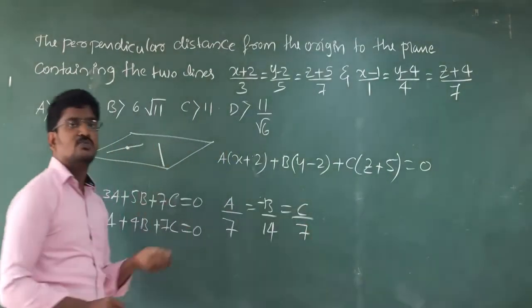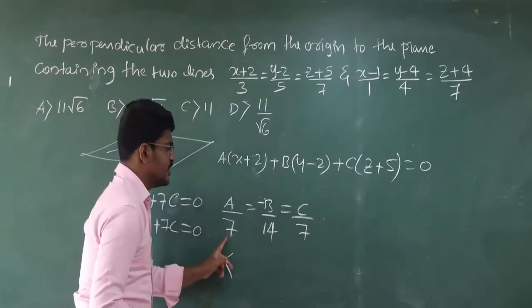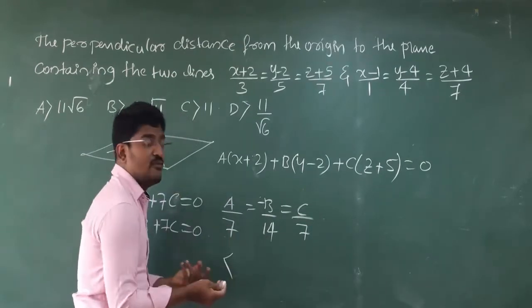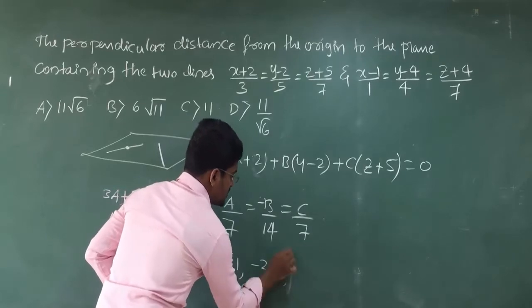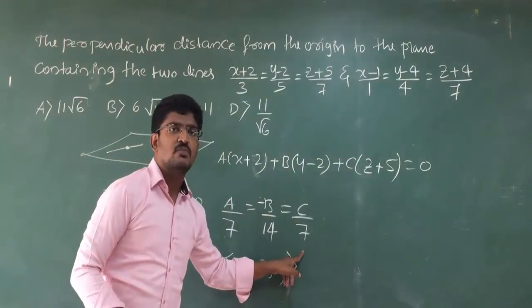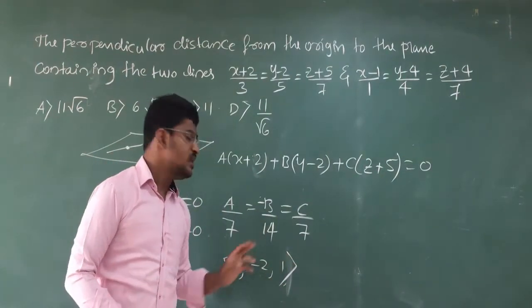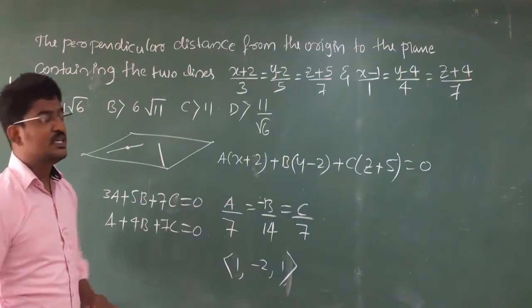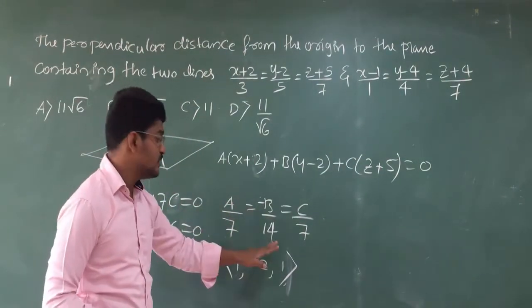I am applying cross multiplication. Clear? So here I can write 7, 14 and 7. So directly I will write 1, minus 2, 1. So these are the values of A, B, C. 7, 14 and 7 will come, so the common term will be 7, so it is 1, minus 2, 1. Clear? So this is by the cross multiplication method. So now A value is 1, B value is minus 2, C value is 1.